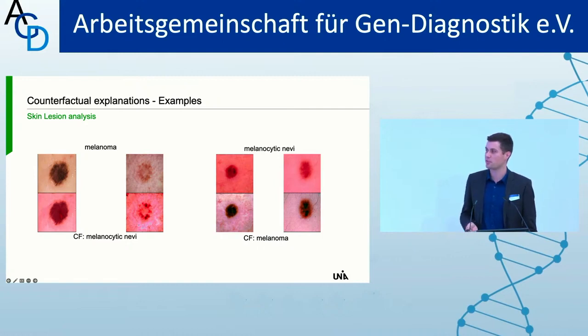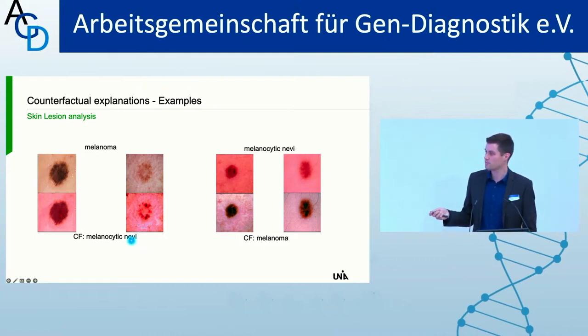Also, if we look at some other examples, we ran it with skin lesions, more precisely with melanoma and melanocytic nevi. Again, on the upper row, you see the original image, and on the row below, the counterfactual image. Here you can see very clearly that the color also contributes to the decision, which can't be seen in a feature attribution explanation, because there you only see the relevant pixels, not the color.